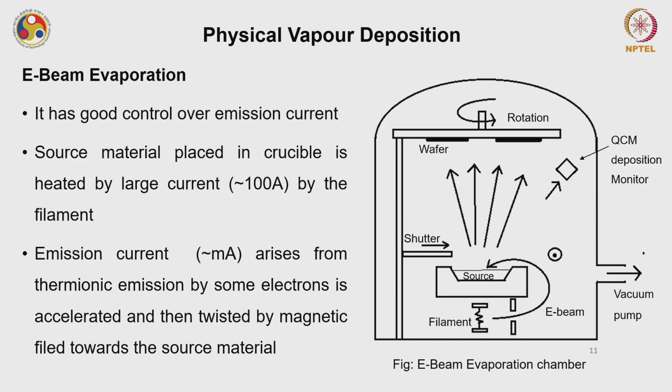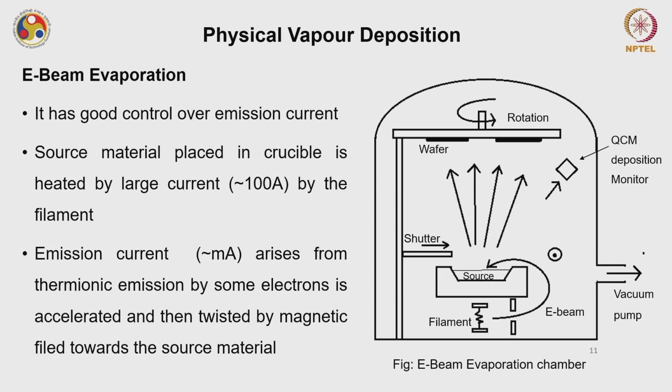Then you have another kind of deposition, which is e-beam evaporation. In this process, again, it is a heating process only, but you have better control over the emission current. The source material is placed in a crucible, and a filament is heated by a very large current.